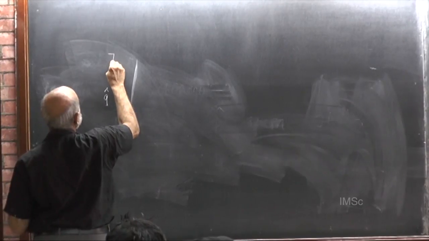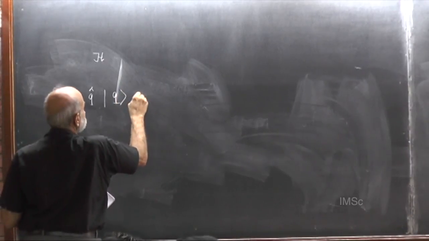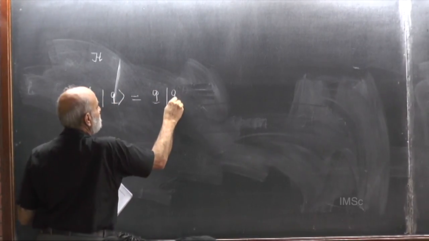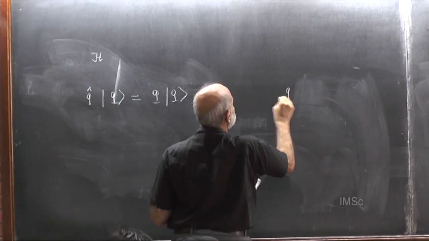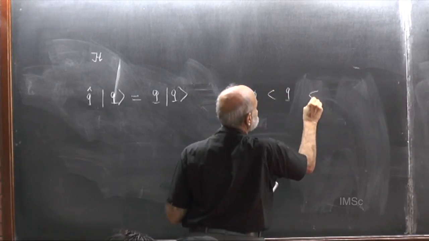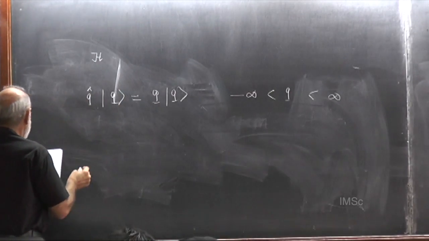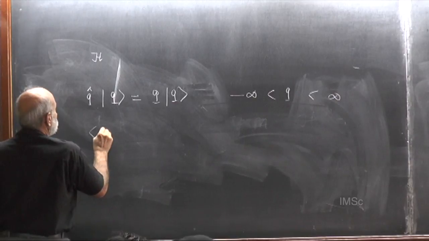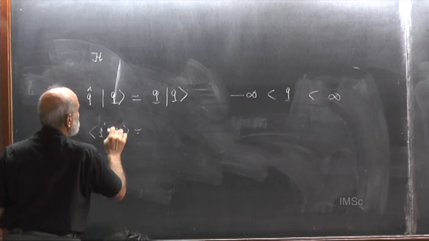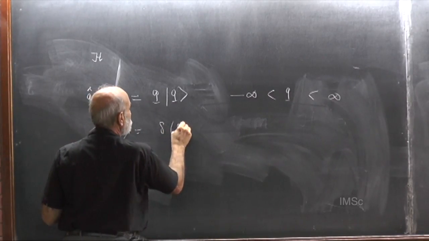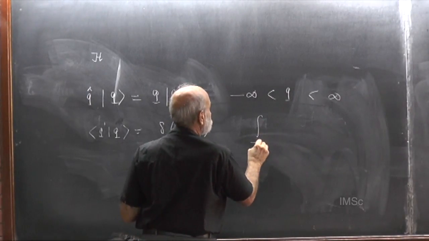So Q hat is an operator. We will denote the Hilbert space by H, and its eigenstates are labeled by a number q. q takes on values from minus infinity to plus infinity. If you take two coordinate eigenstates, then their inner product is a Dirac delta function.